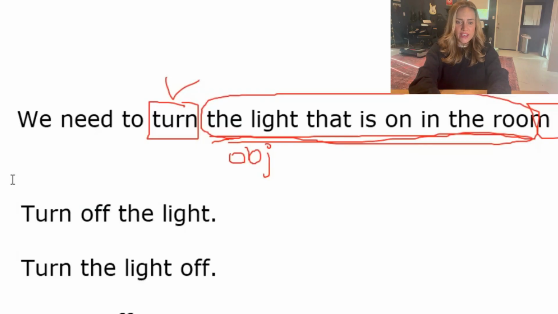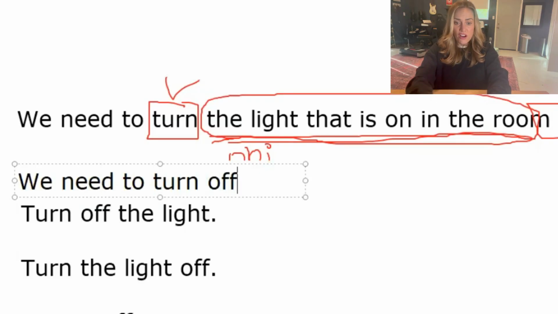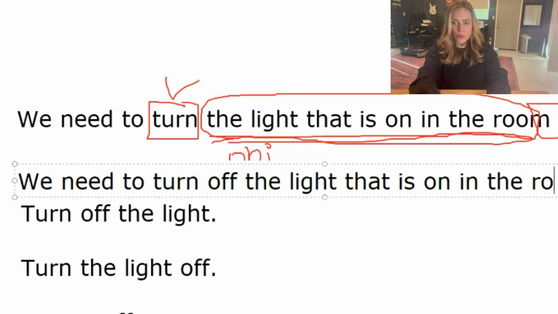So in this kind of situation, just keep it together. Just say, we need to turn off what? We need to turn off the light that is on in the room. In this situation, when you have a really long object, don't separate the verb from the particle. Keep them together. And that's all I have to say about that.